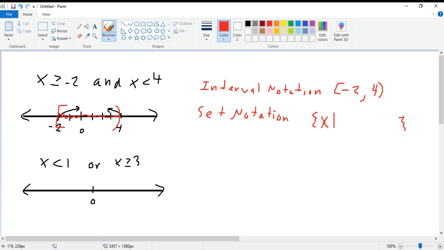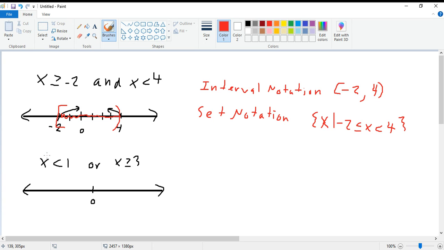We want the numbers between -2 and 4. So we're going to write -2 is less than or equal to X is less than 4. In other words, we want the numbers X that are in between -2 and 4. If you're going to write an in-between statement, these always need to be less than symbols. You're not going to use greater thans.